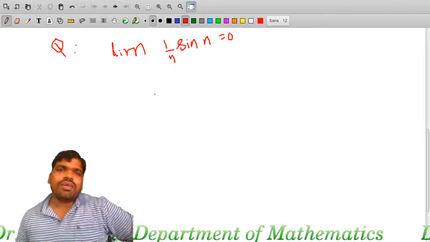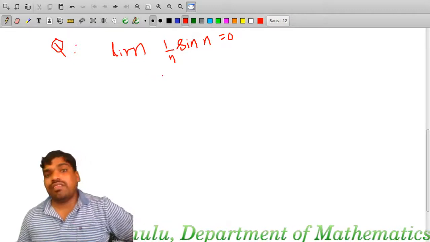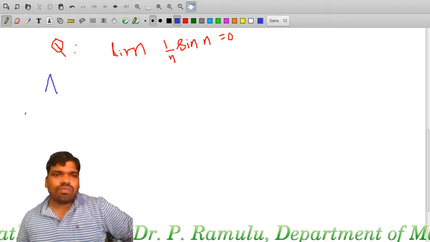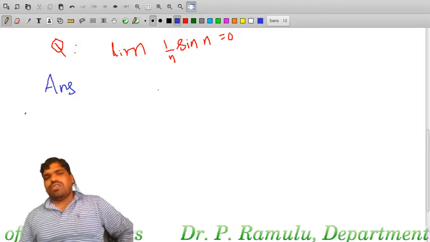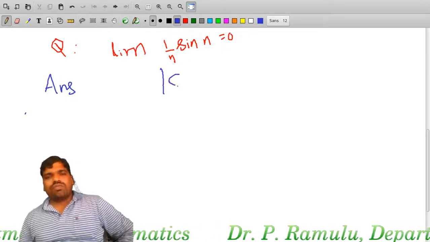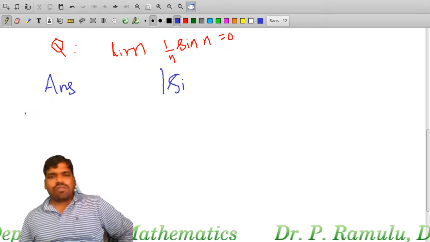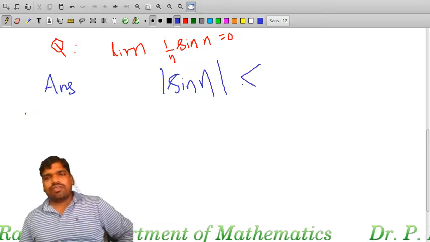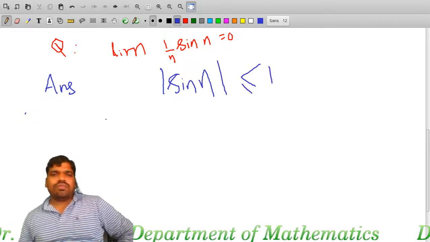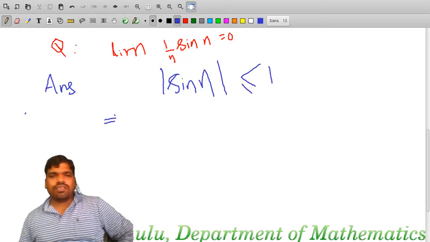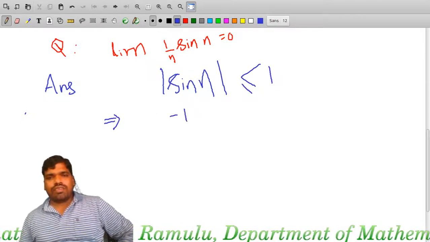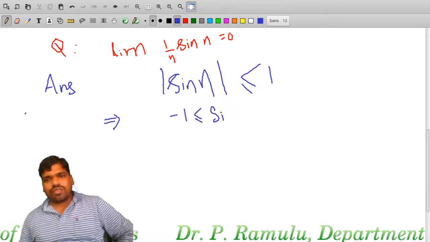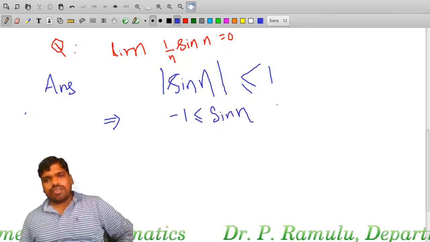Okay. For this, I know that mod sin x is less than or equal to 1. By using that condition, the answer is: I know that mod sin n is less than or equal to 1, which implies minus 1 is less than or equal to sin n less than or equal to 1.